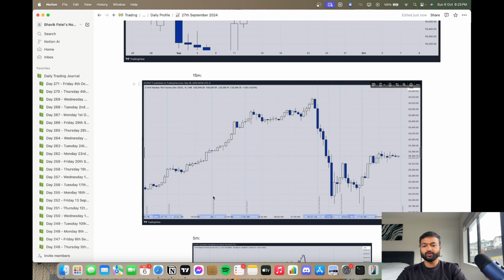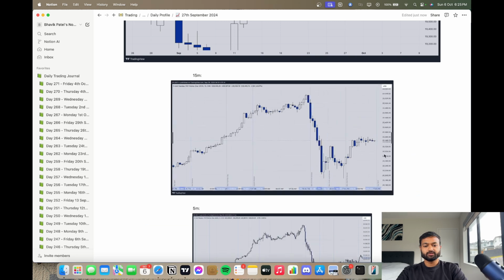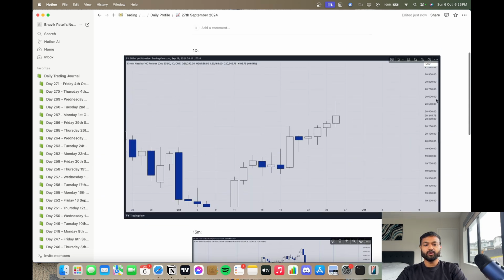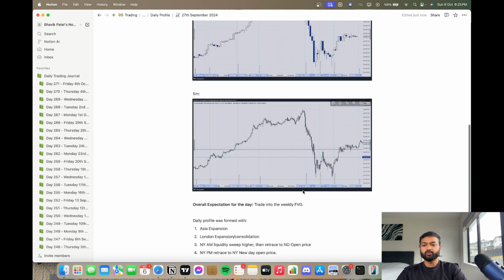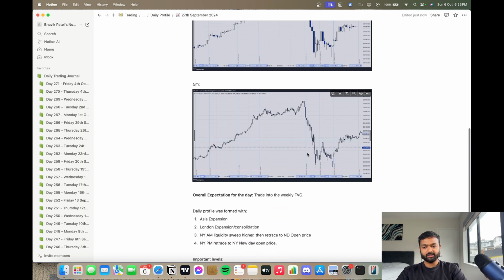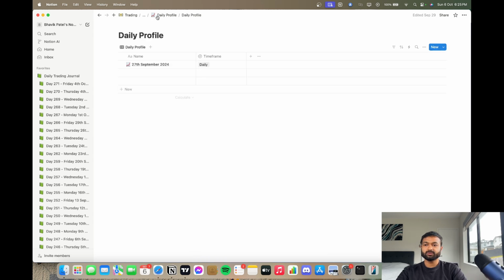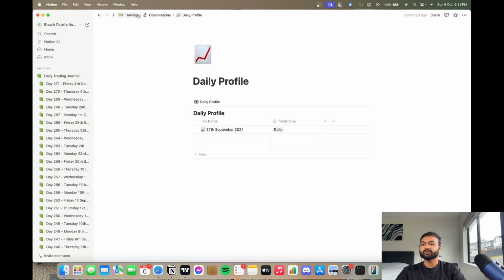So New York new day goes up, London session consolidates, New York AM session drops. So that basically is how an entire candlestick forms, and the more we document it, the more we will learn how to expect what will happen in each session, because each session has its own bias.